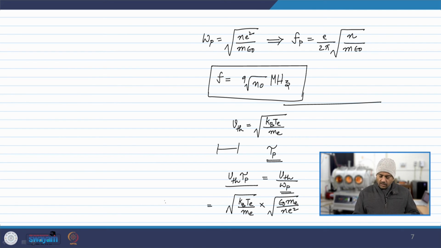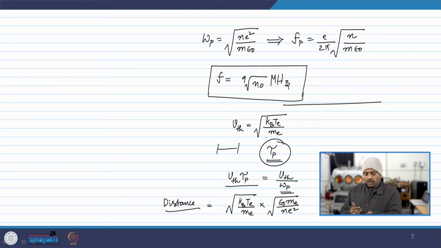What is this? This is a measure of distance actually. What distance is this? This is the distance that the electron will travel within one tau p. What is tau p? Tau p is the characteristic time that is associated with the plasma frequency. So, there is frequency, there is a time period that is associated with that, and within the time period, given that the velocity of the electron is V_th, how much distance would it travel? This is the distance that it would travel, right.